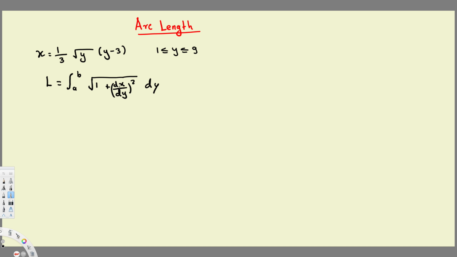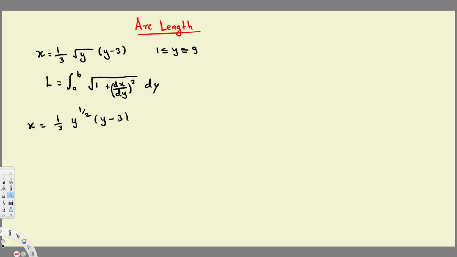Let's see how we can find it. First, we are going to find the derivative of the given expression. Here we have x equal to 1 over 3, and instead of root y, I can write y to the power half. So this is y to the power half times (y minus 3).